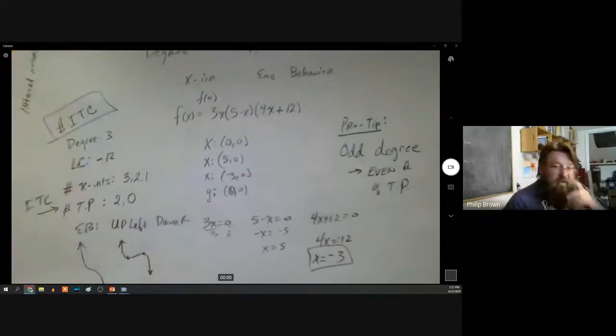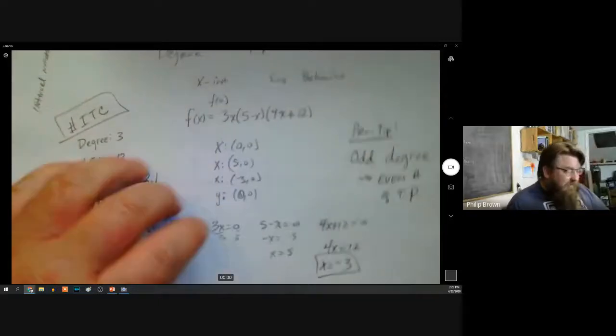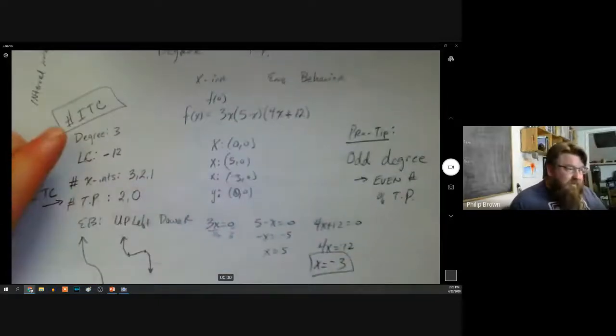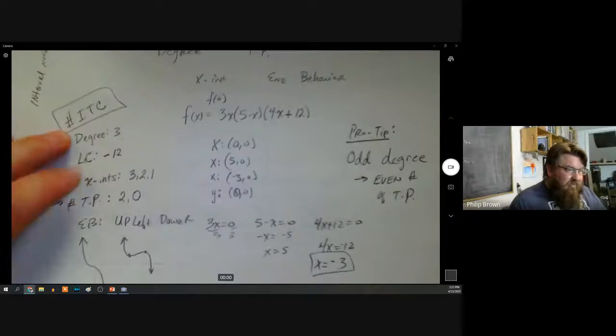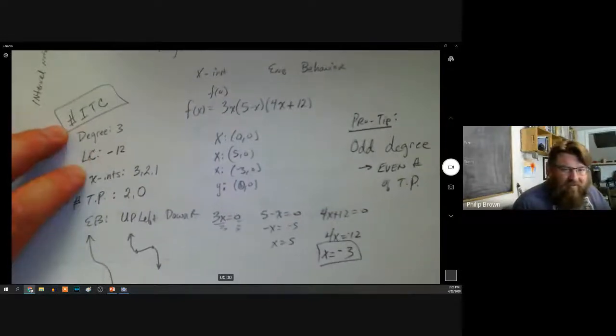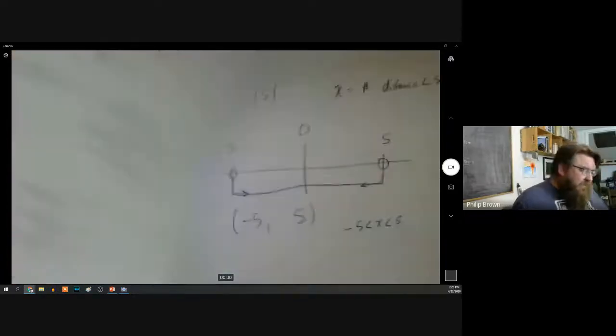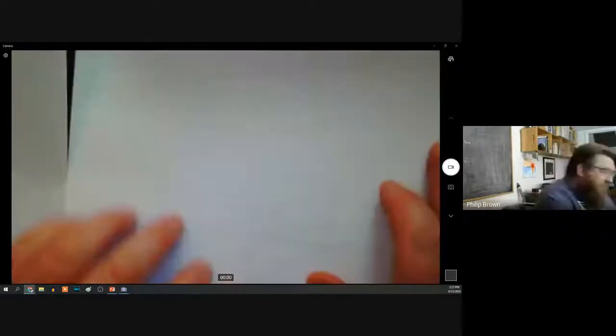All right, so here's what we got. We got those x-intercepts, that y-intercept, and then we're going to try to figure out the rest of this. We're going to check the intervals to see if we can figure out how this is going to look. So it's kind of a tricky thing. We have a lot of stuff to put together. We have to check the sign of the outputs on those intervals and see if it matches with what we know.